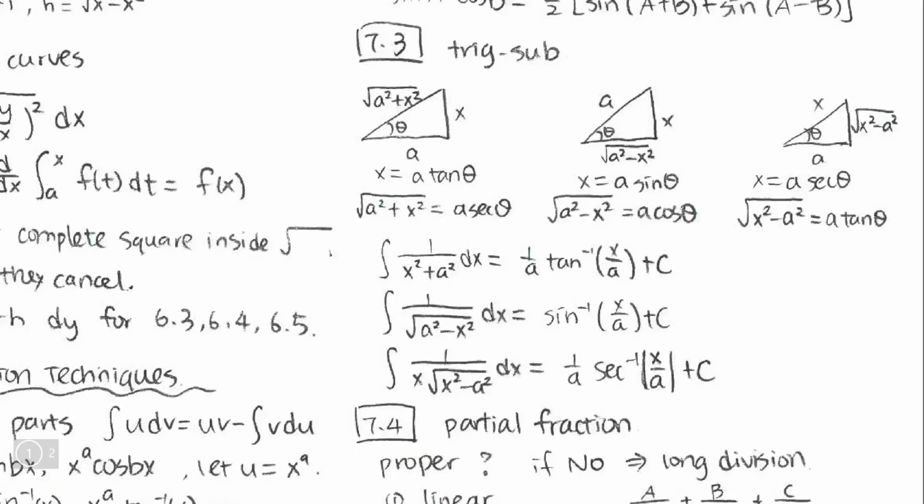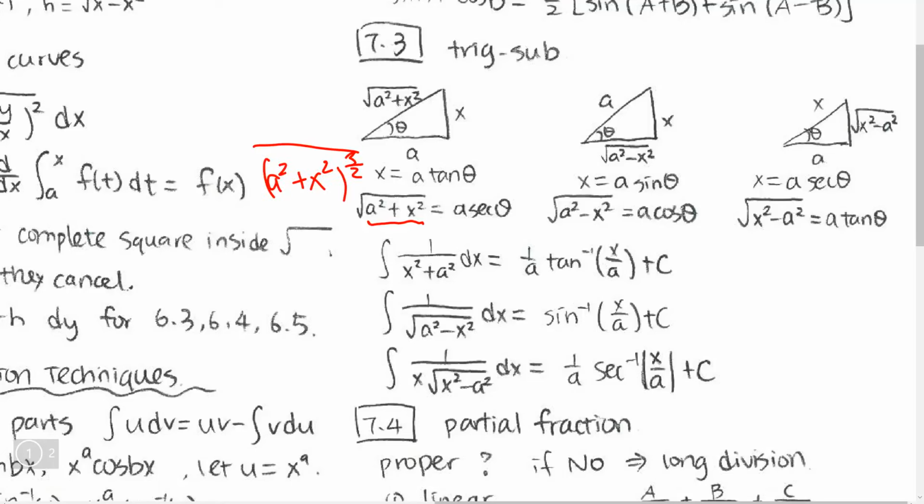So when you see square roots of a squared plus x squared in your integral, sometimes you might not see exactly the square root. Sometimes you may see, for example, a squared plus x squared to the 3/2. In this case, you always think about the trig substitution, x equals a tangent theta.